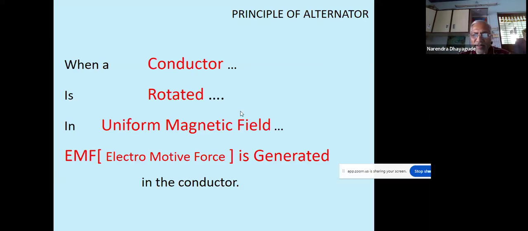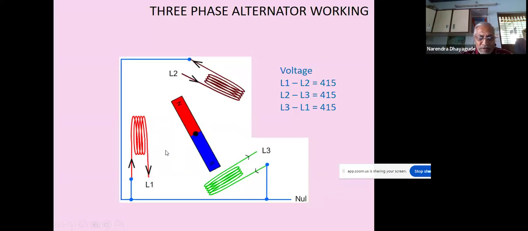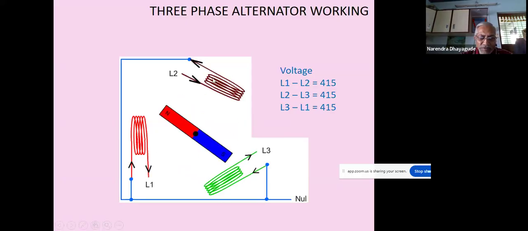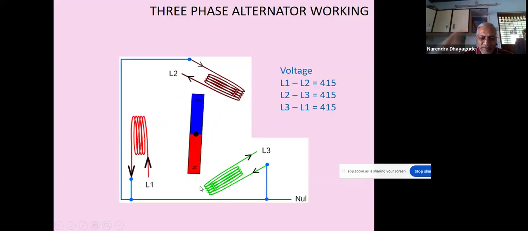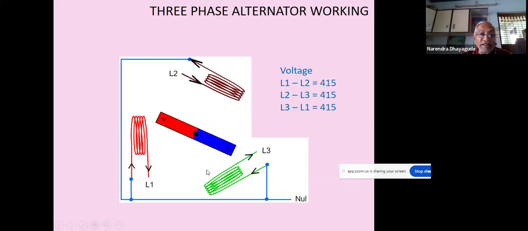As a principle, this is a universal principle that when a conductor is rotated in a uniform magnetic field, EMF or voltage is generated in the conductor. So this is a rotating magnetic field, and there are three phase windings. One after another, the voltage is given to the fields, and that is why we talk about the phase sequence.